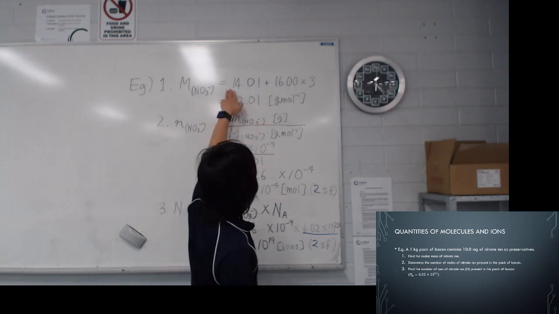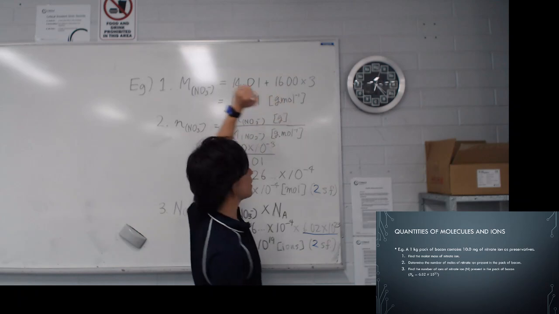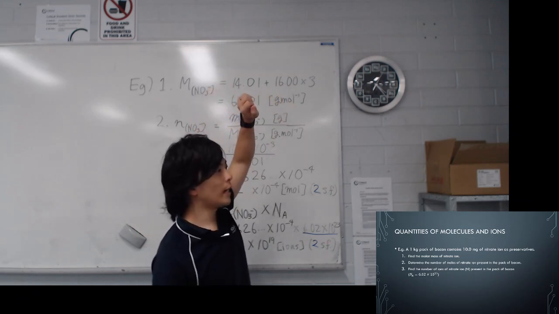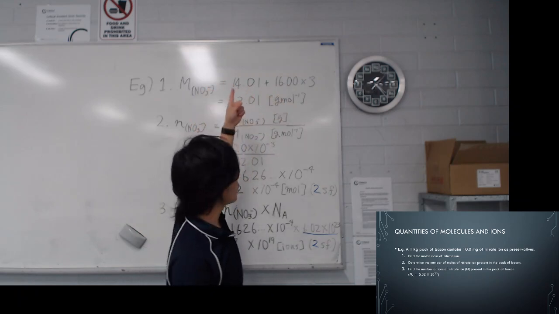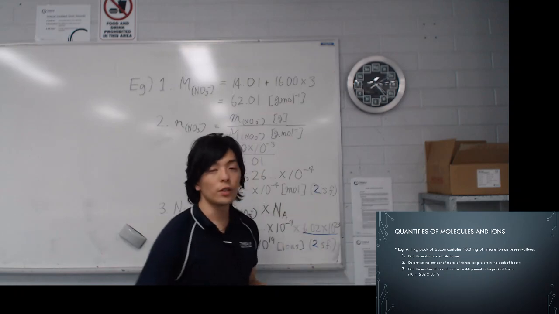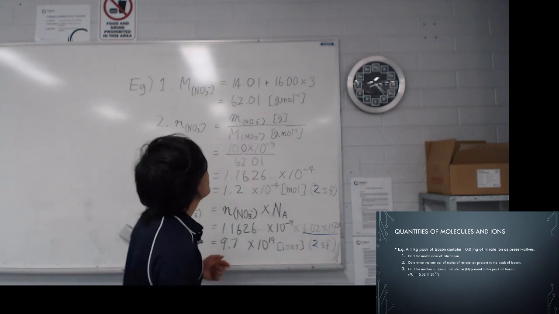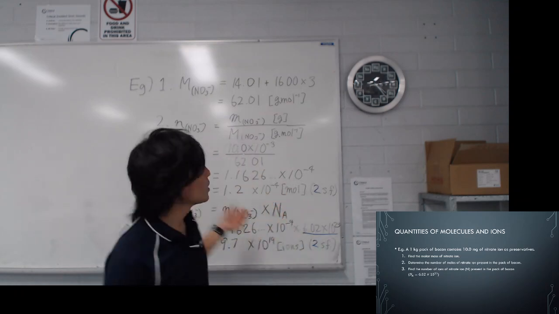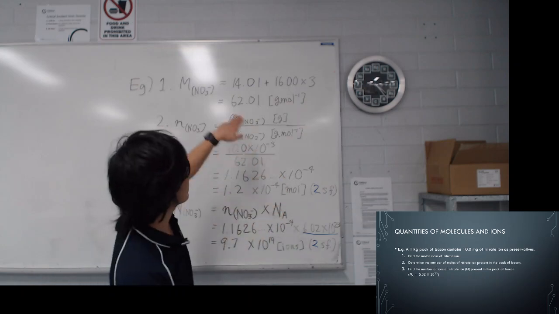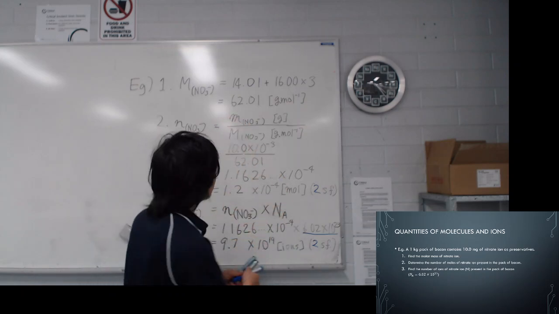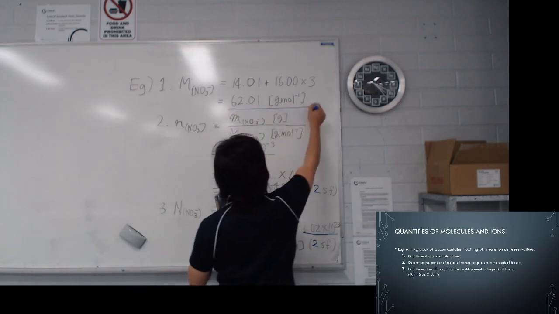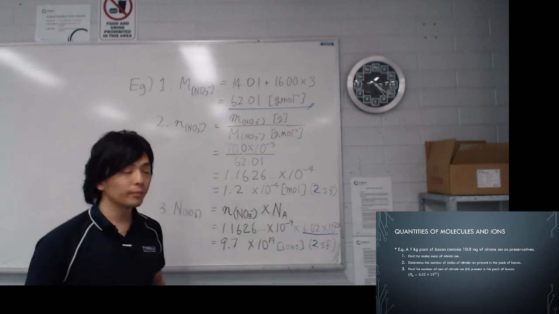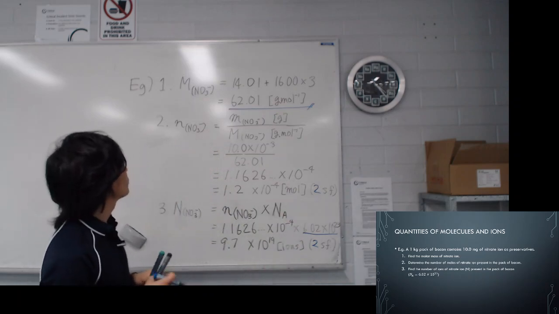So look at the atoms. 14.01 is the molar mass for nitrogen, and oxygen has 16.00, and there are 3 of them. If you just add them up, you should get 62.01. Unit is in grams per mole. Make sure you add the unit. So that's the answer for the first question.